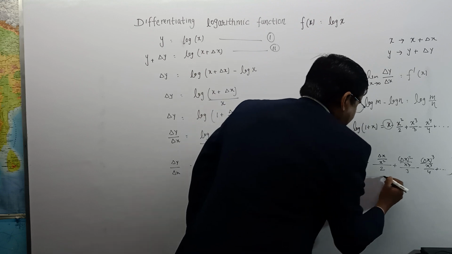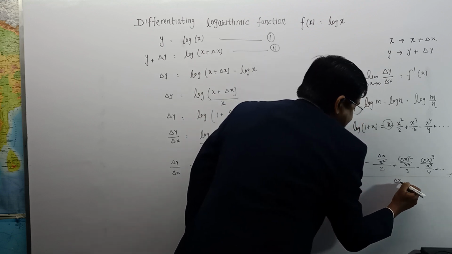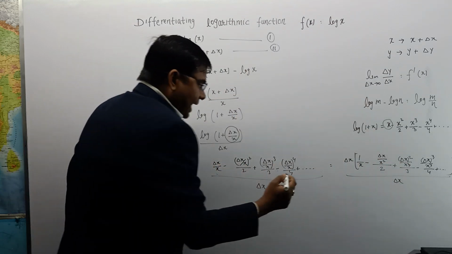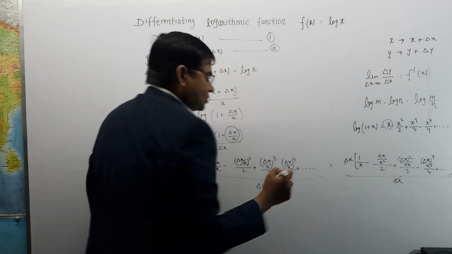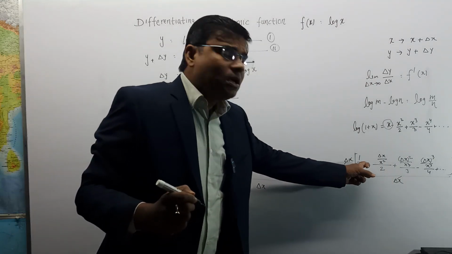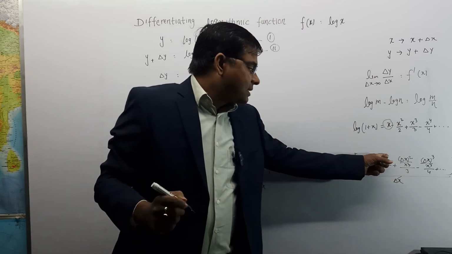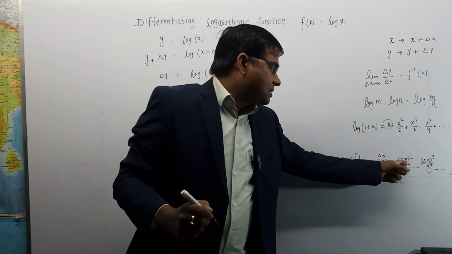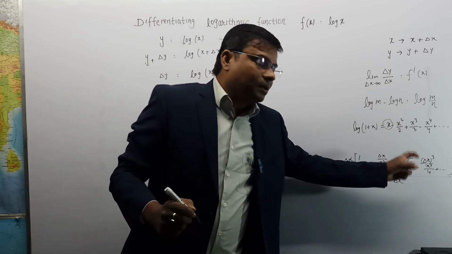Okay, divide by delta x. So delta x cancels out, so the remaining expression is 1 over x minus delta x over 2x square plus delta x square over 3x cube.